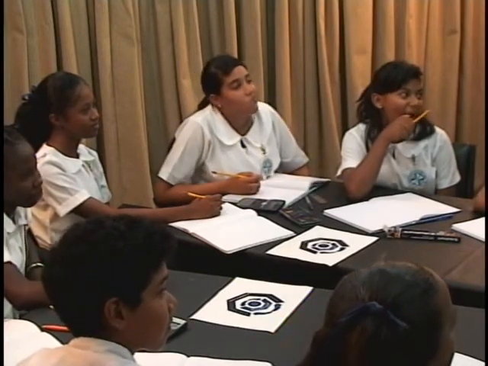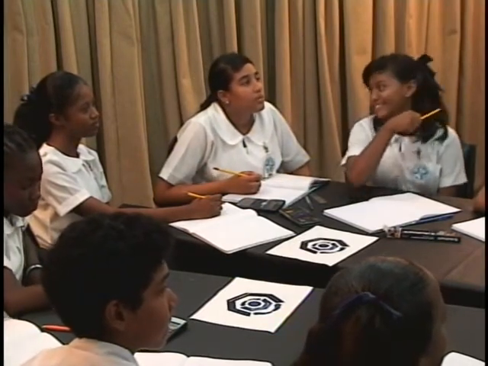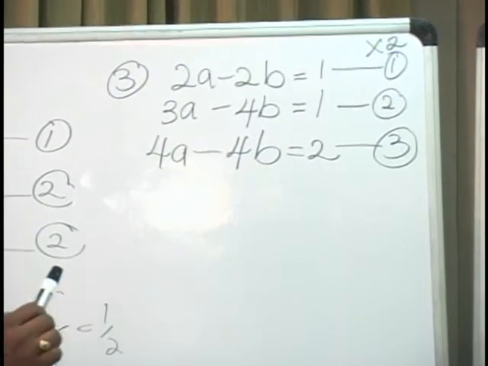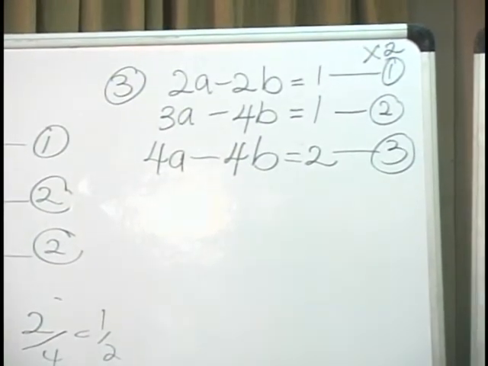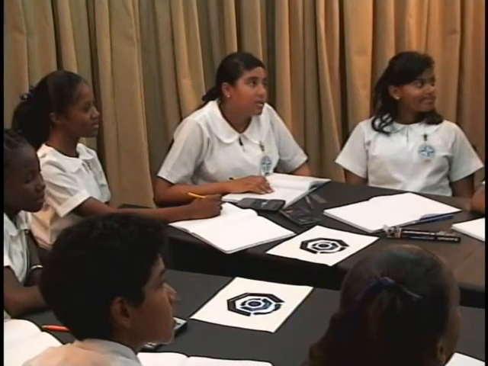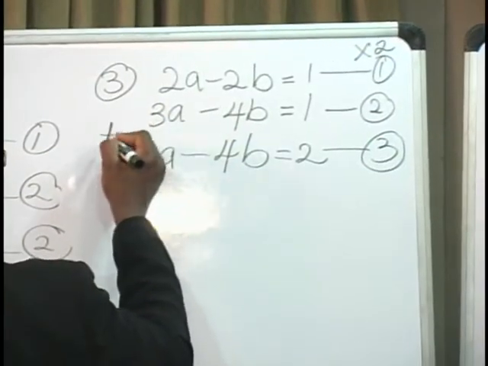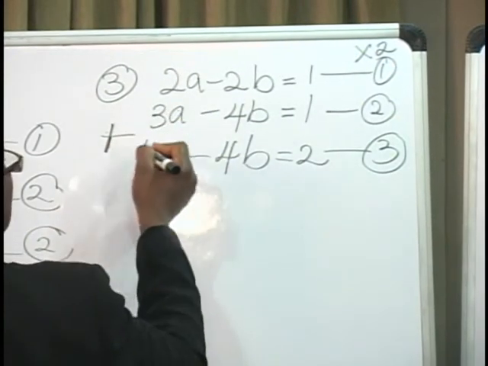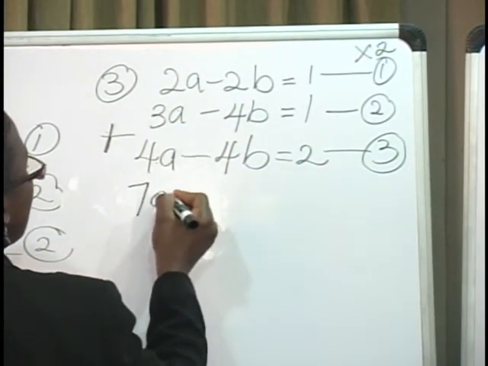So we're now looking at the signs. Both of them are negative. So what are we going to do? Are we going to add or are we going to subtract? We're going to add. You sure you want to add? Yes, miss. Okay. So let's add and see what we're going to get. We're adding equation 2 to equation 3. 3a's plus 4a's would give us 7a's.